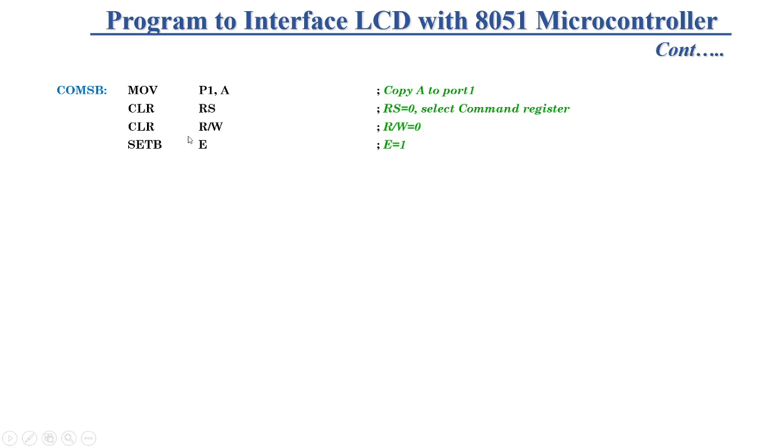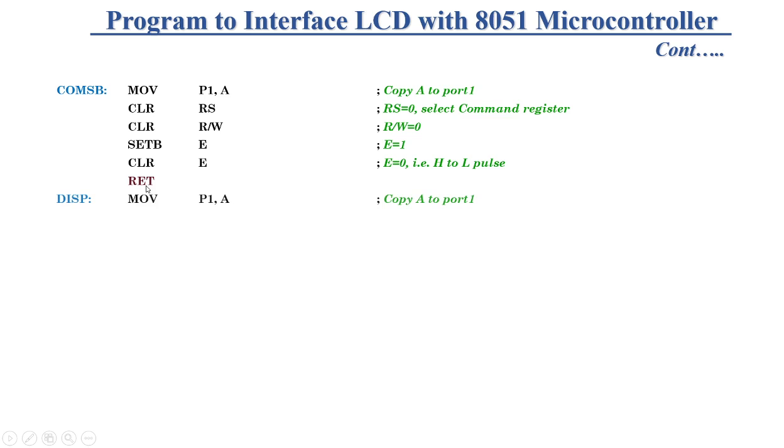We make the enable pin equal to 1 using the instruction SETB E, and make it equal to 0 by using the instruction CLR E. So this is the high to low pulse we send to the LCD. And RET is the return instruction. After the execution of this instruction, we return to the main program, where the next command will be sent to the LCD.